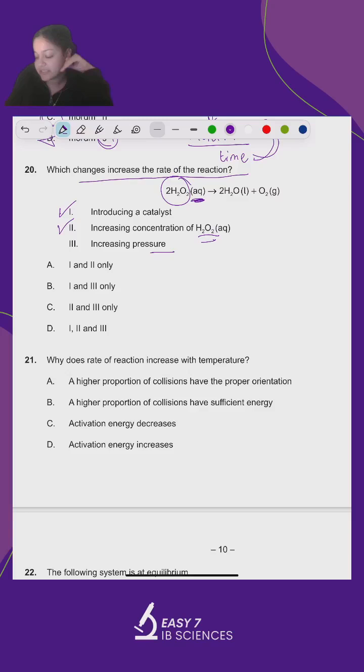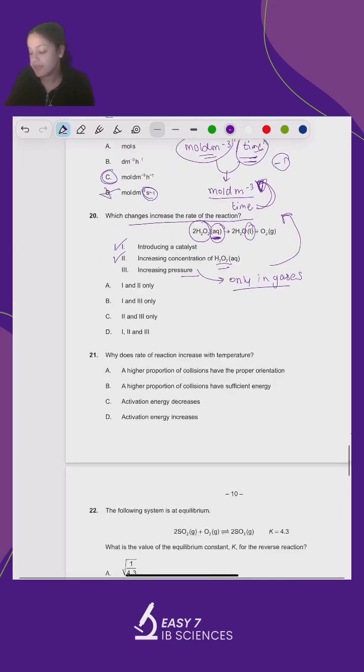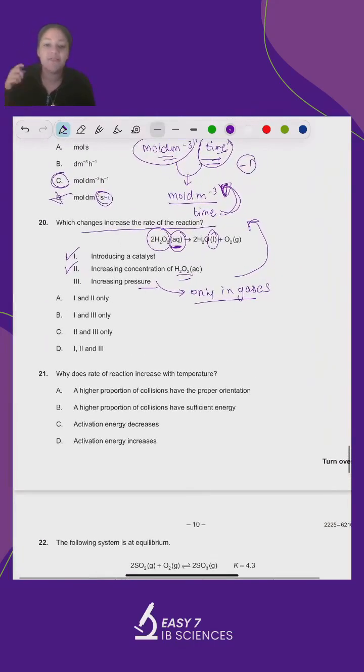Now, statement 3 says increasing pressure. I would argue that if you had gases, increasing pressure actually does give you more concentration per unit area, so that does increase the rate, but only in gases, guys. If you see a question asking about increase in pressure and rate of reaction in something that has aqueous solutions and liquids, that is not going to increase the rate of reaction.